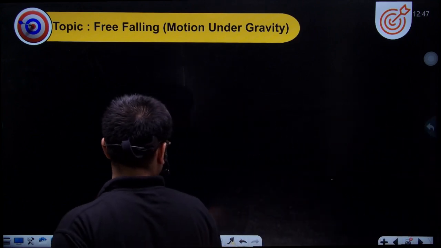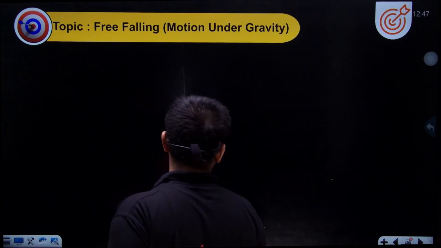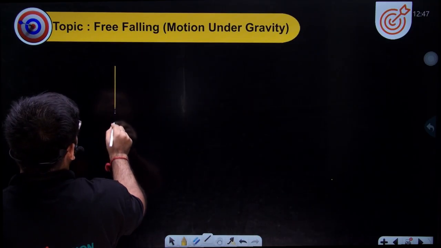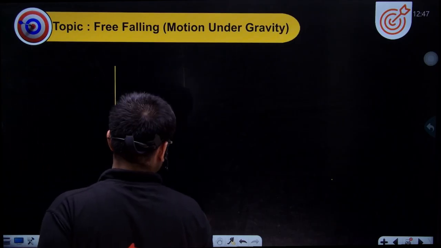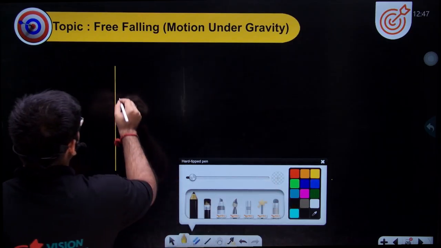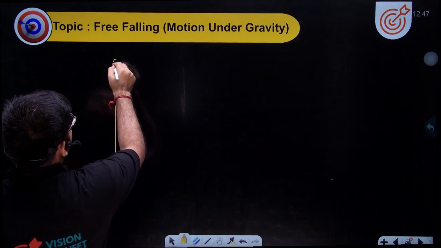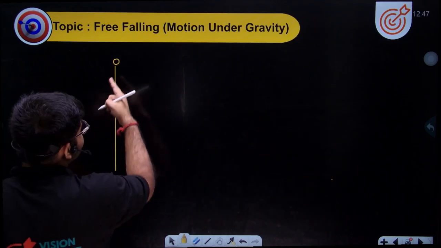Say for example, if I say that, suppose this is a tower, okay, and from the top of this tower we are leaving a particular ball, we are dropping a ball.